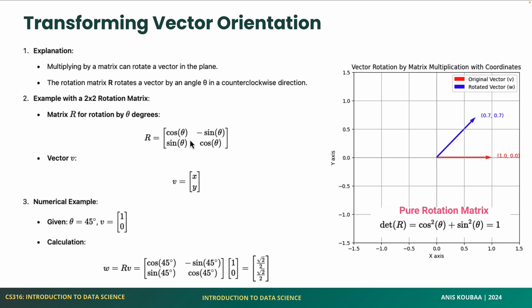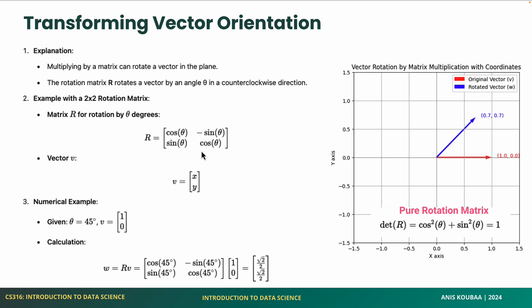What I want you to understand is that when we multiply a vector by a matrix, it transforms that vector into a different vector. In this particular case, it was transformed only in orientation. It didn't change the magnitude. Why? Because the determinant of this matrix is equal to 1. A determinant equal to 1 means it's not going to scale the magnitude up or down; it's going to remain the same. And why is the determinant equal to 1?